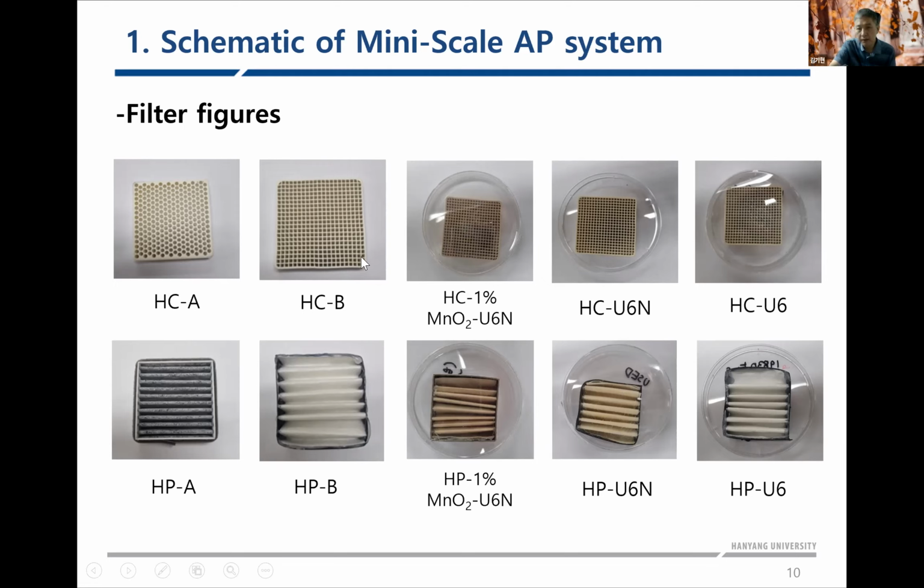This strategy has been applied identically to the HEPA filter as well. This is the HEPA filter blank with nothing on it. This one is purchased, so the manufacturer has put some activated carbon on this system, and these 3 are the same modification approach as we did for the honeycomb, with the U6 only and U6N, 1% MnO2, U6N.